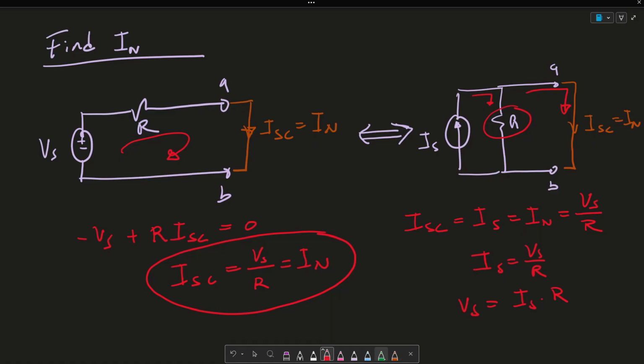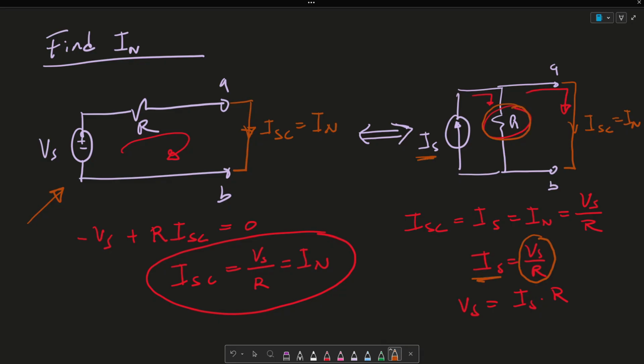And again, similar to the voltage Thevenin that we proved earlier, if you're given a voltage source in series with a resistance, all you have to do is divide that voltage source by the resistor and put that resistor in parallel with my current source.